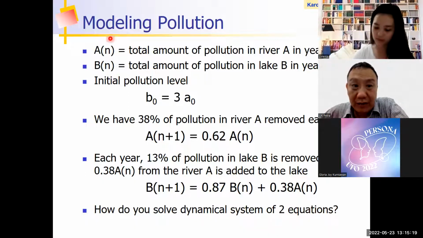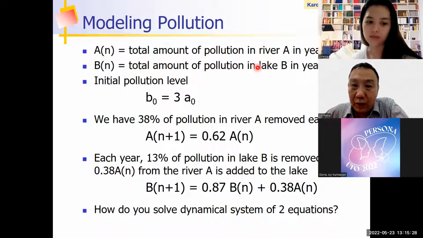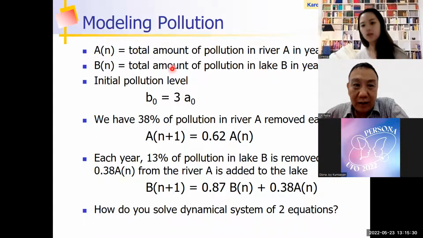So let's define A as the total amount of pollution in river A, and B as the total amount of pollution in lake B. The year is N, so we just put N here. And what we know is that B0 is equal to 3 of A0. At this point, the initial pollution level is 3 times.